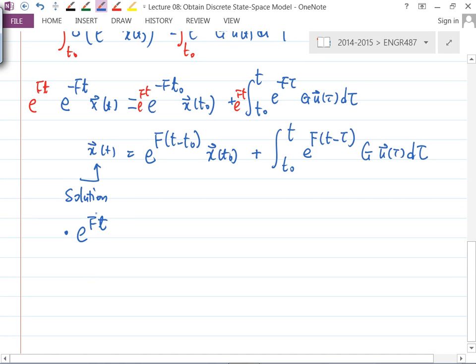It's defined as this: an identity matrix, so it depends on the size of the matrix F. If matrix F is 3 by 3, then this is a 3 by 3 identity matrix. Plus Ft plus 1 over 2 factorial.